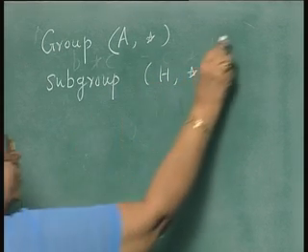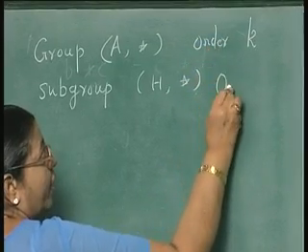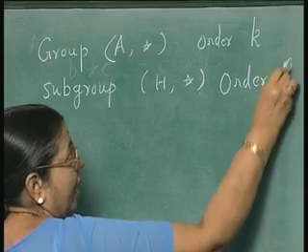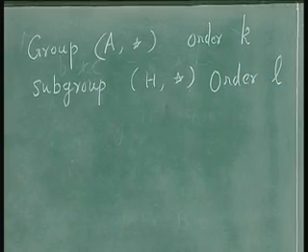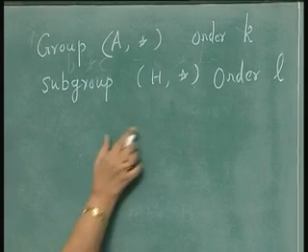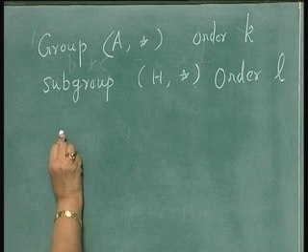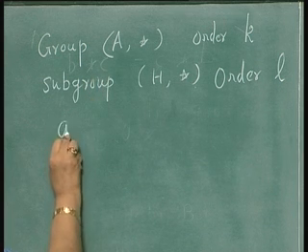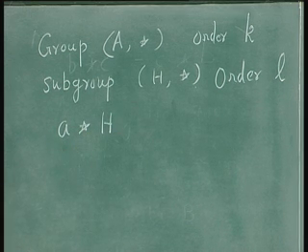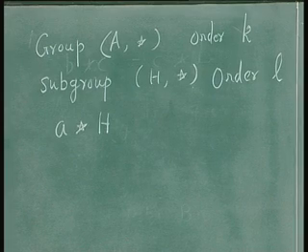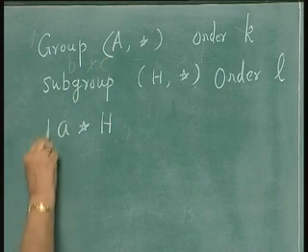Now, let the order of this be K, then the order of this is say L. Now, you have to show that L divides K. Now, if you consider the left cosets of this with respect to each element, if you take a left coset with respect to an element, what can you say about the size of this set? This is a subset of A, of course, and what can you say about the size of this?